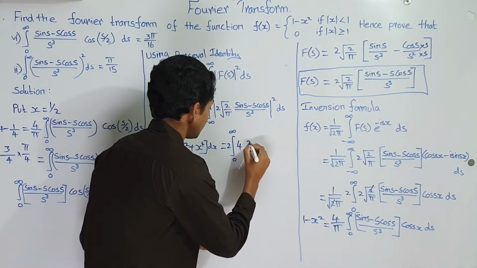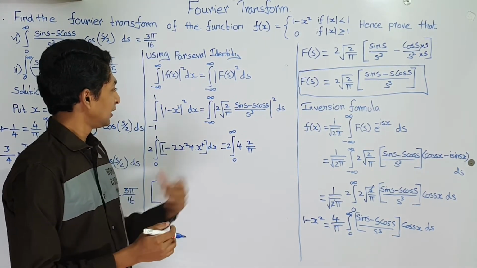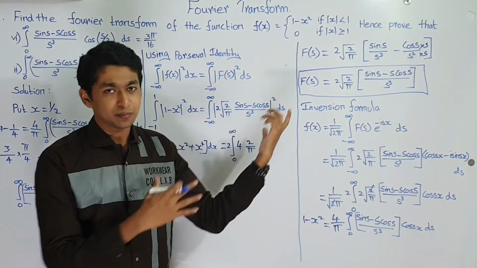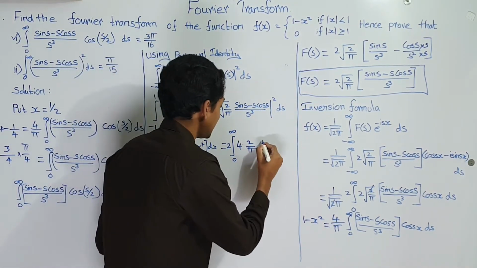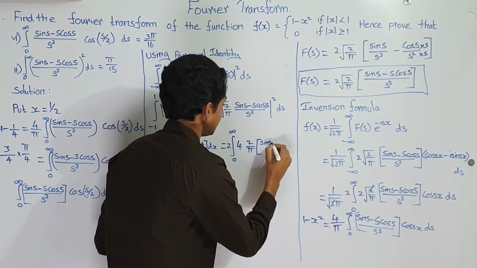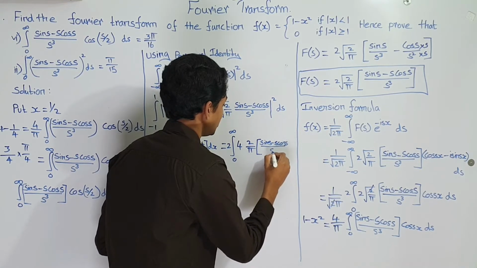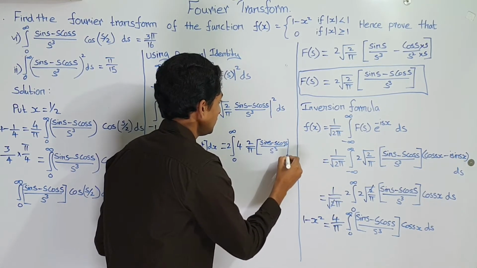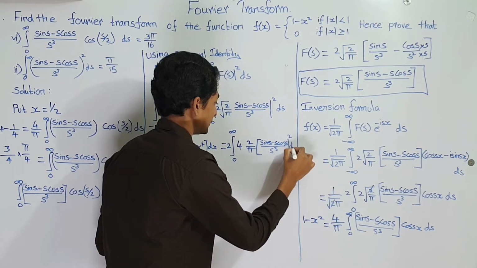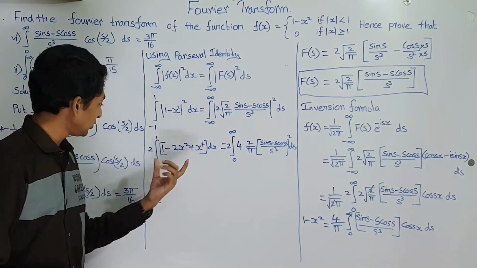So 2 divided by pi. Okay, now இத நம்ம ஸ்கொயர் இன்டிவிஜுவலா பண்ண முடியாது, so நம்ம டைரக்ட்டா அத ஸ்கொயர் போட்டுறலாம். sin x minus x cos x divided by x cube the whole square ds. Okay, so next we are going to integrate this term.